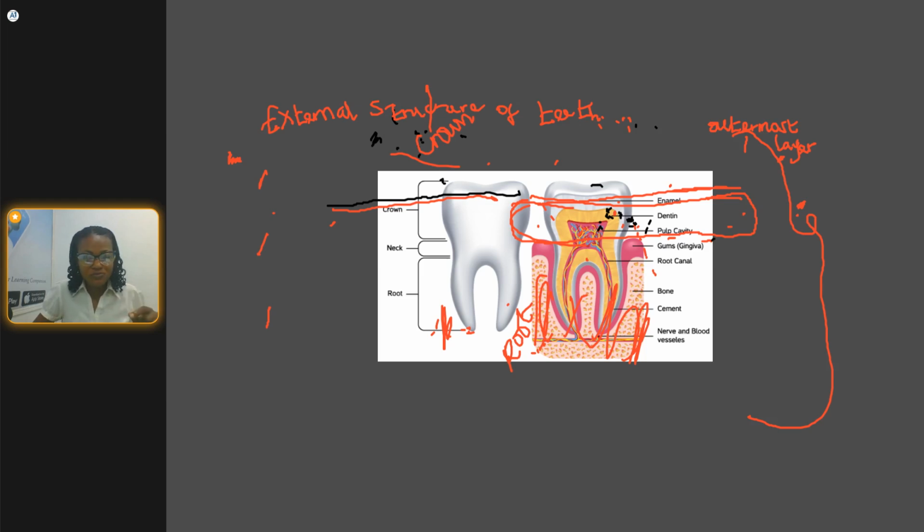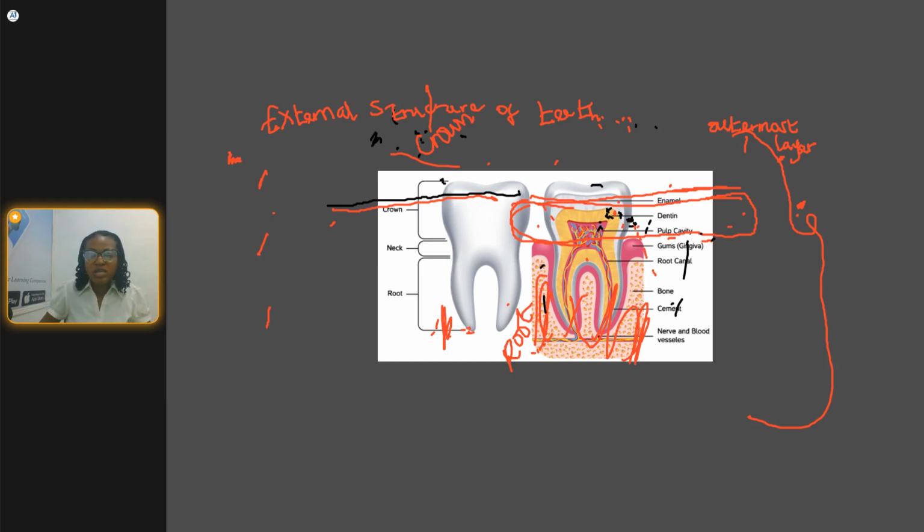Then the gums, even without explaining, you already know that they hold down the teeth. It is inside the gum area that we have the root. So it holds down the teeth and supports the structure.